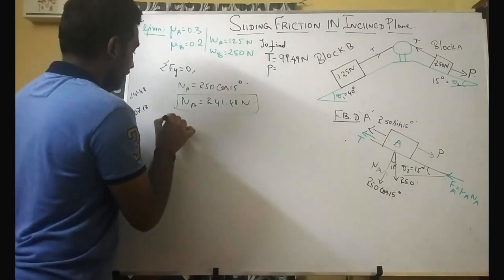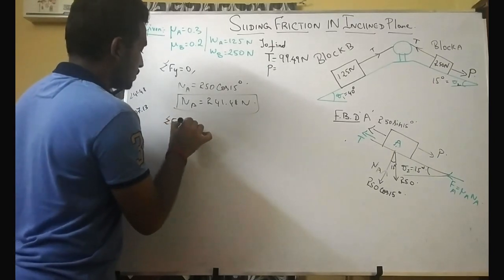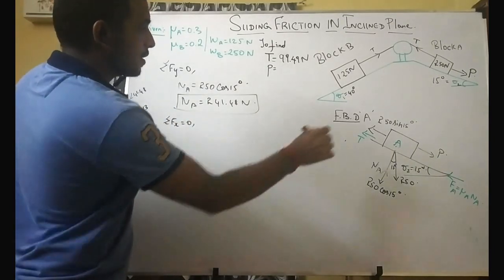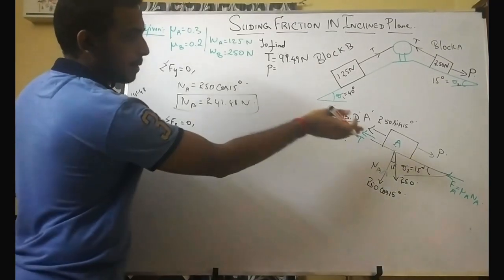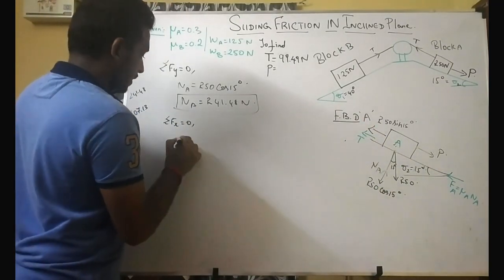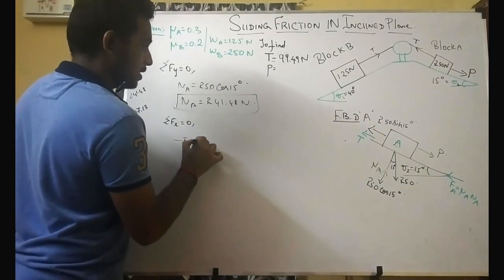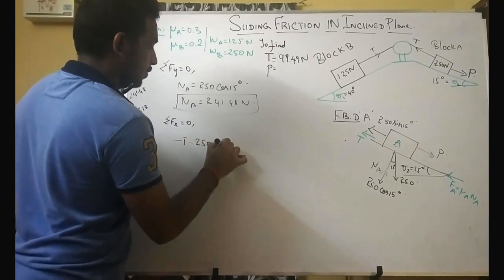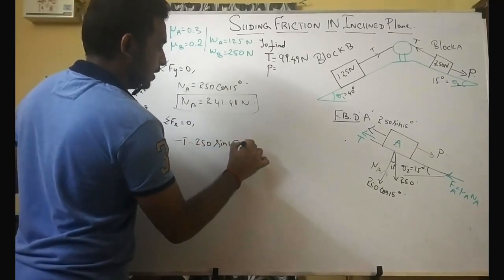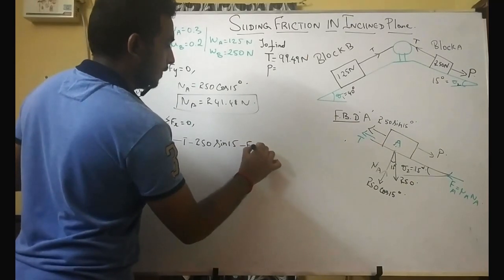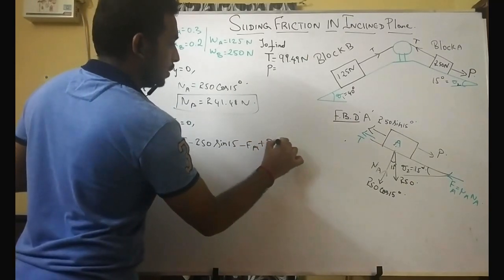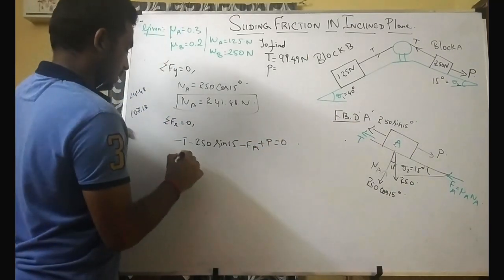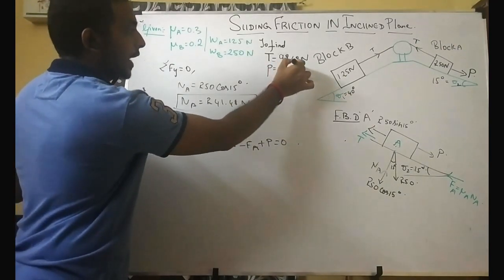Then taking summation of Fx equal to 0, the forces parallel to the plane give minus T minus 250 sin 15 degrees minus FA plus P equal to 0. We know the value of T is 99.49 Newton.